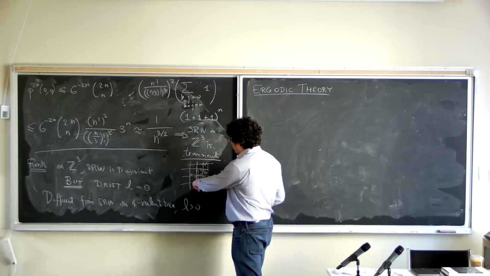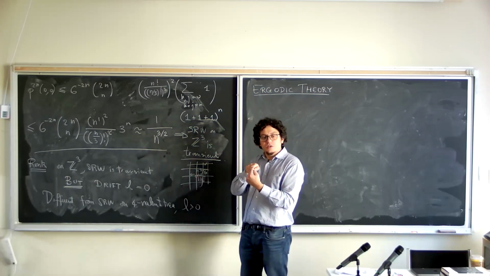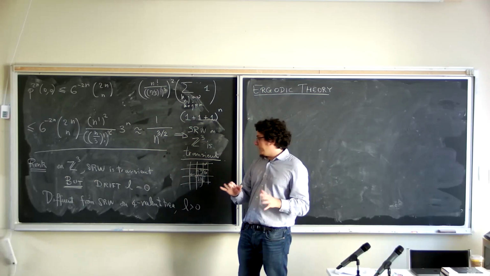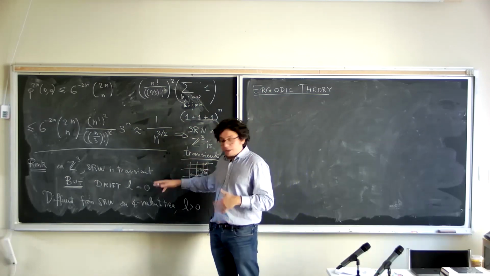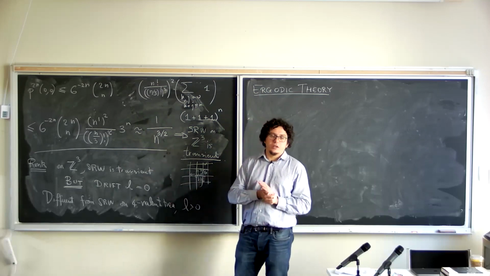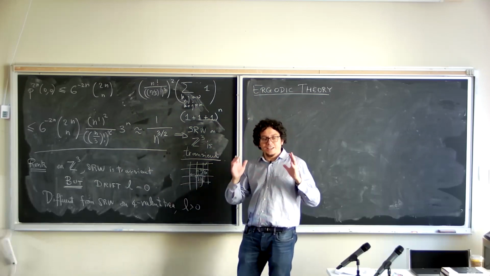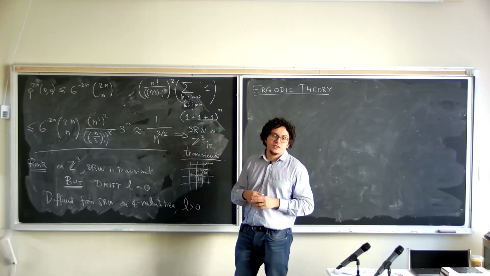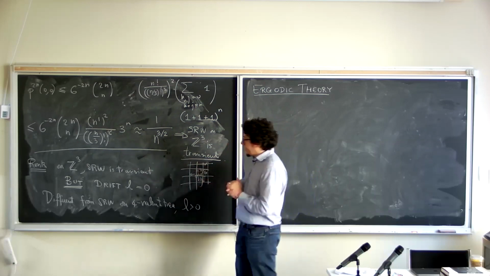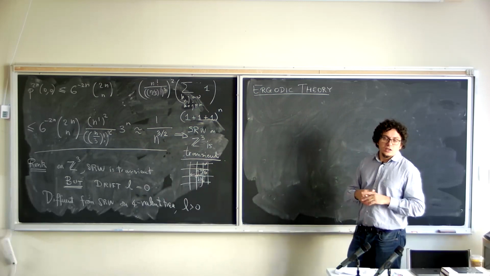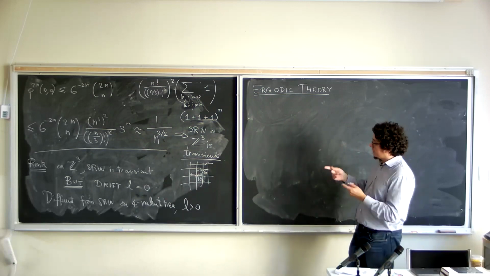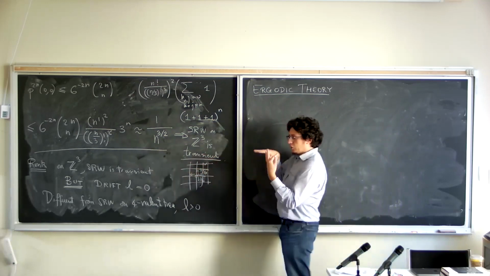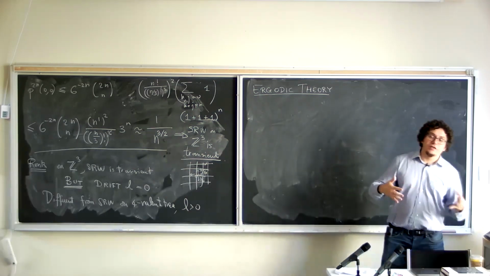So the issue depends on what is the barycenter of the measure. If the weights in all directions cancel each other, then it's still recurrent, and the drift is 0. Otherwise, the net drift will point in some direction, and then it will be non-zero, and then of course it will be transient. So in Z2 it is somewhat easy to control, because in abelian groups you can decompose the walk into different components.